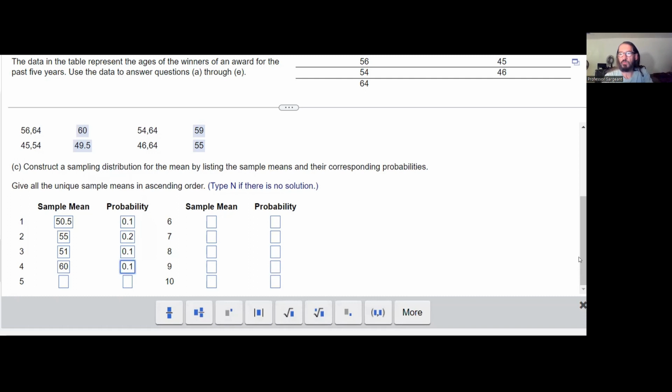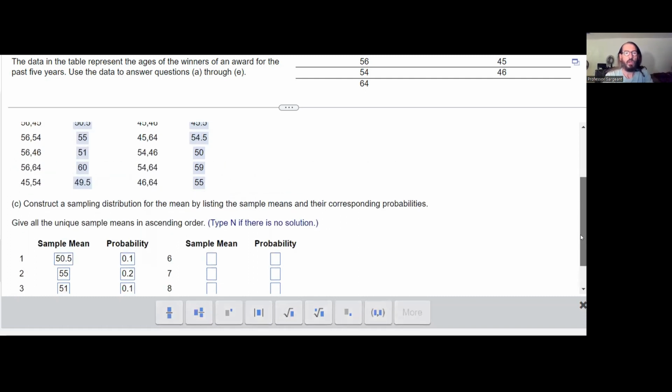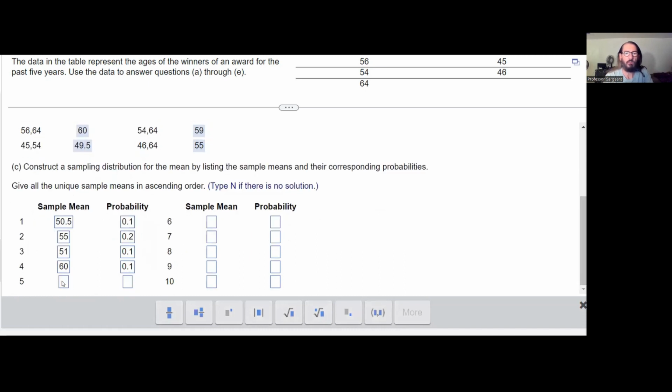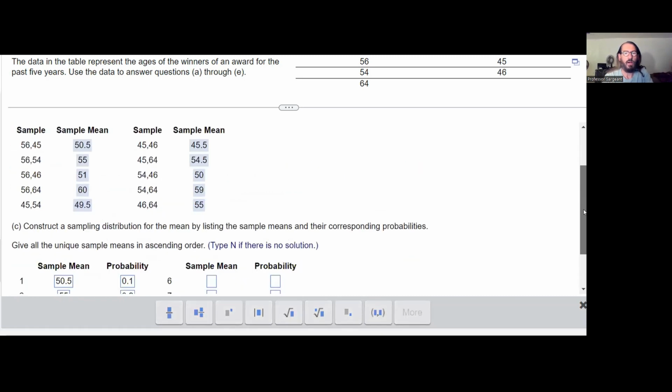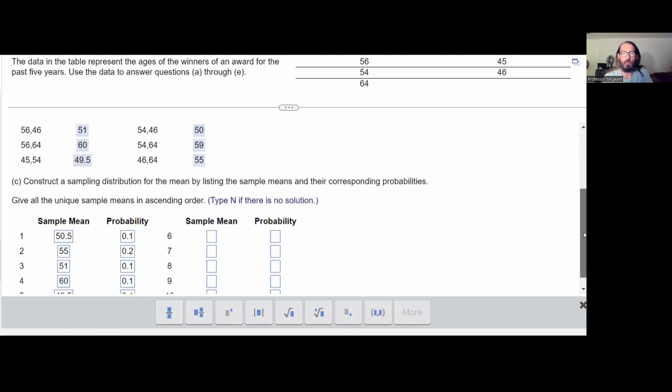Because there were 10 samples of size 2, I'm dividing all of those by 10. 49.5 only showed up once. Sixth one was 45.5. There's only one of those.